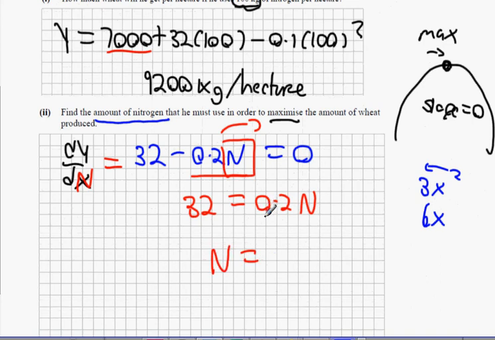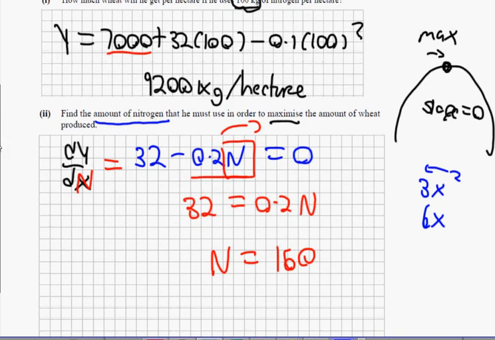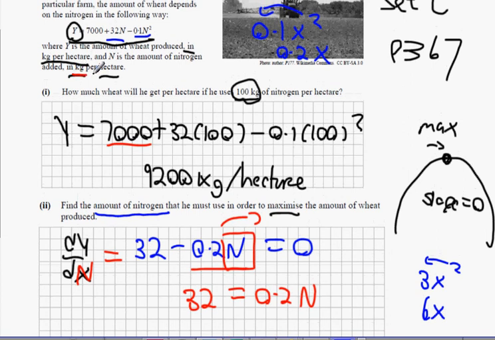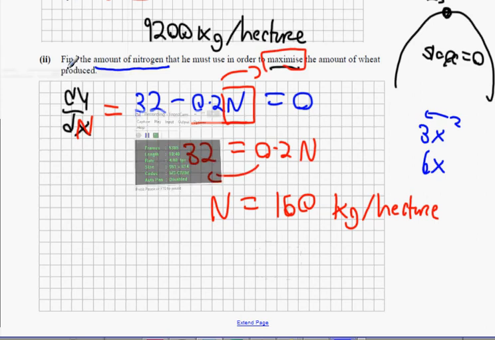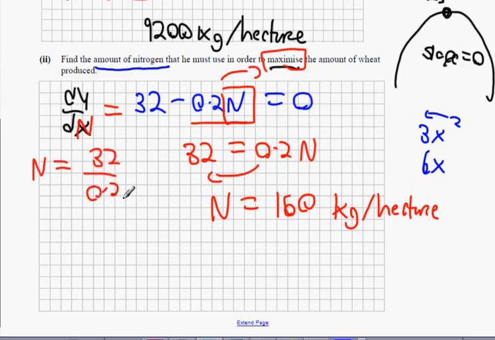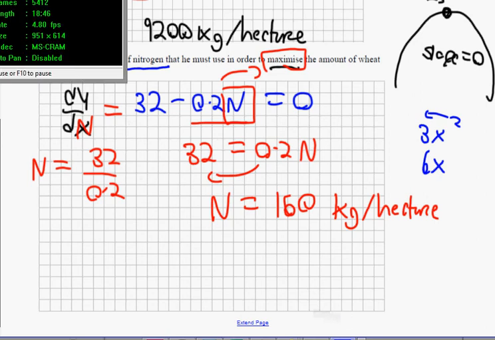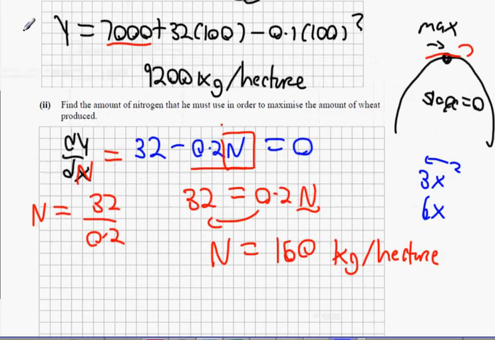So 32 divided by 0.2, I think it's 160. So N equals 160. Now what's N measured in? It says at the start, kilogram per hectare. It's going to be 160 kilograms per hectare.